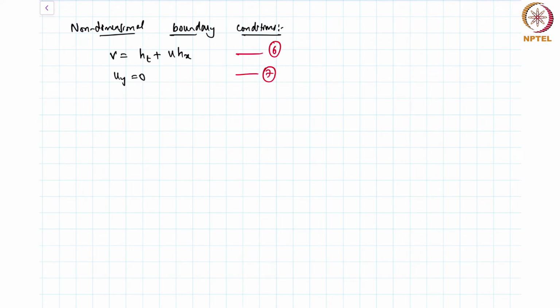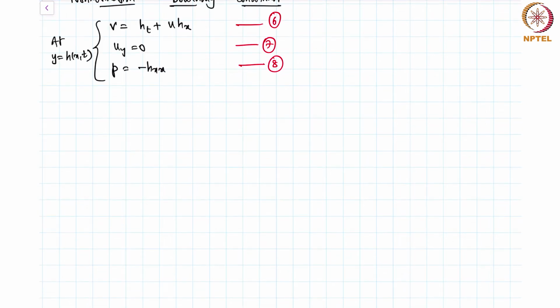This is the tangential stress boundary condition at the interface. And we also have P is minus hxx. This is the dominant normal stress balance, which we'll call equation 8. All these three conditions here are applied at y equals h of x comma t, correct? And we also have the boundary conditions on the wall, u equal to 0 and v equal to 0. We'll give them labels as well, so we'll call them 9 and 10. These are at y equal to 0.